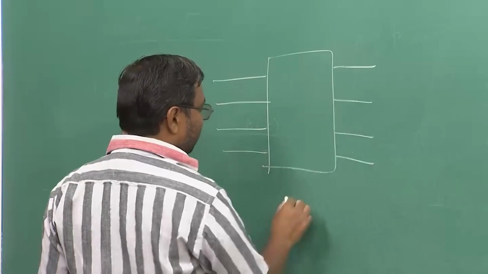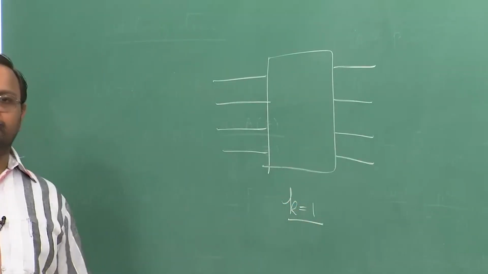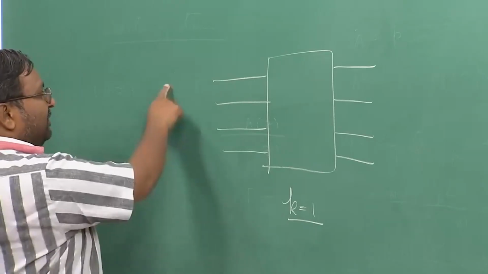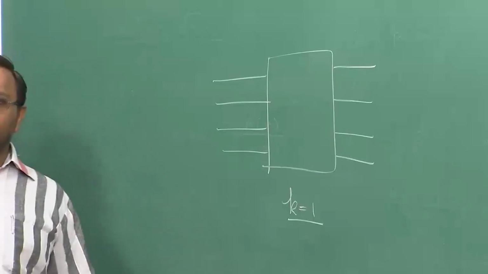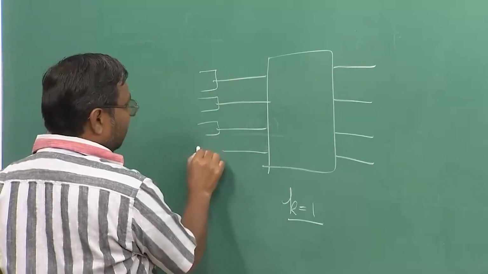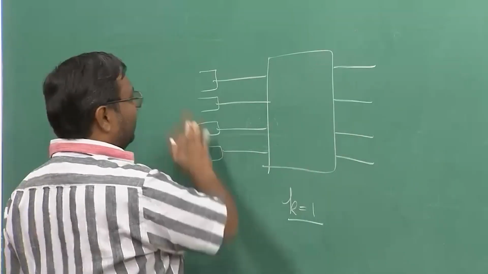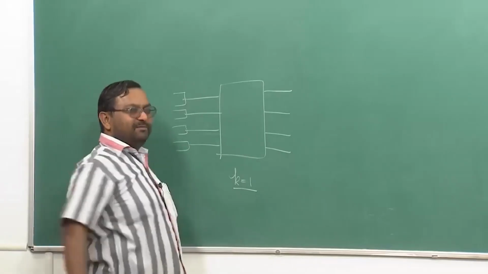Now remember, k is equal to 1, the speed up factor is unity. So, in one slot one packet comes, and in one slot only one packet can go from input to output, not multiple of them. So, if there is a buffer here, an important thing here, you do not require buffering here, you require buffering here. In the output queued system only output side buffering will be required.